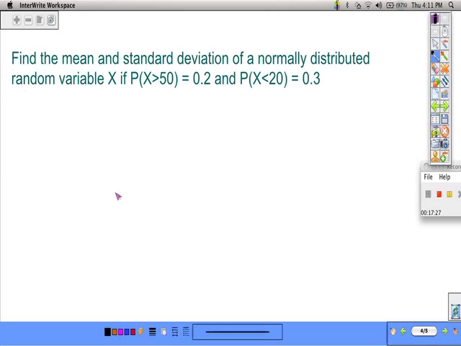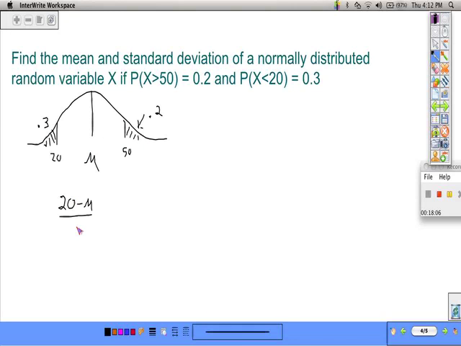In the last example here, it says to find the mean and standard deviation given these two probabilities. So here's the mean, here's 50, x bigger than 50 is 0.2. X less than 20 is 0.3. And what we end up with is a system of equations. 20 minus the mean divided by the standard deviation.